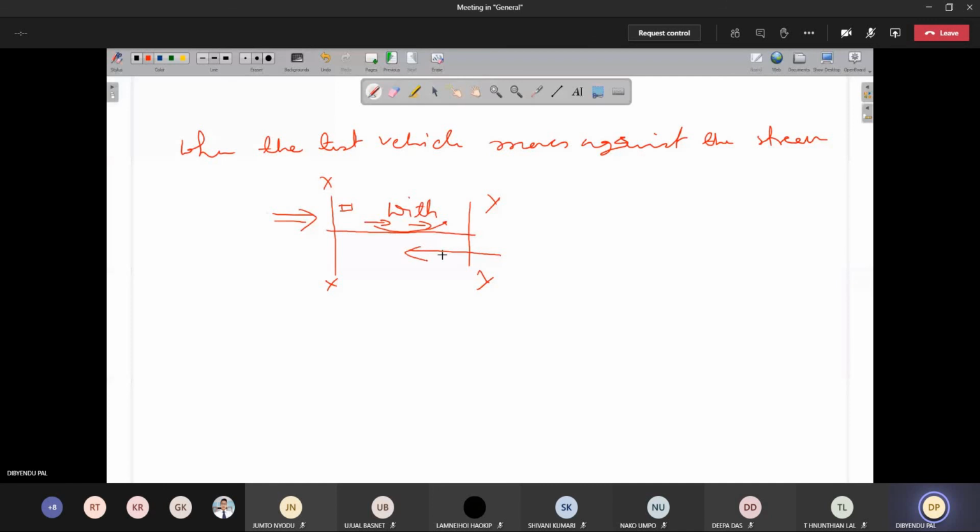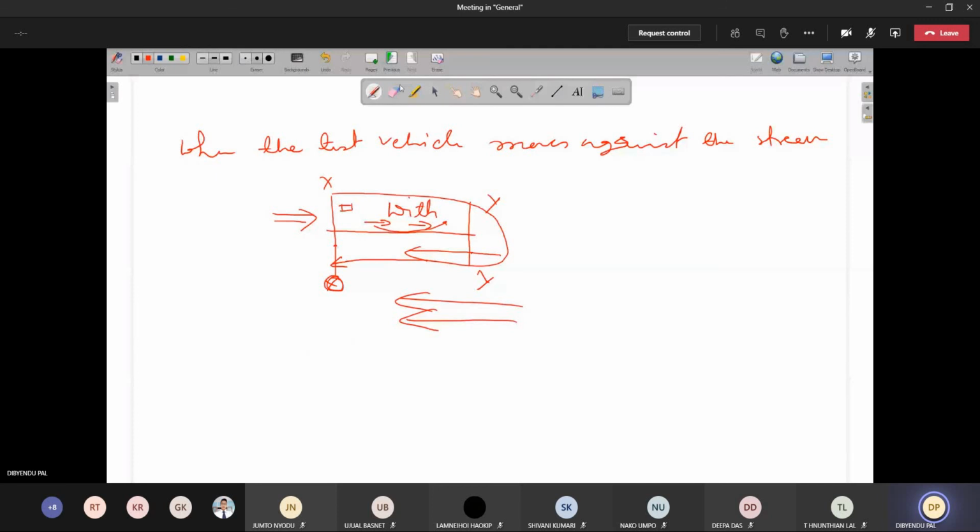While moving from this to this direction, all the vehicles are moving in this direction, right? So before this test vehicle reaches this location, all the vehicles have already reached it.